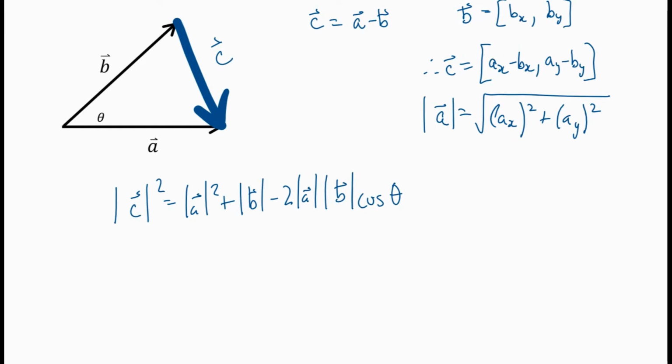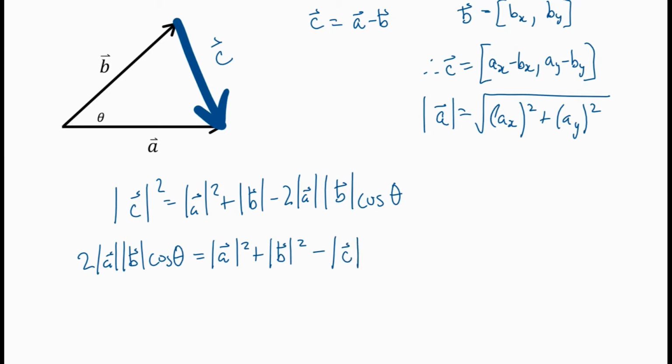Okay, so I'm going to move the negative 2AB to the left side, and it's going to become positive 2AB cos theta. And I'm going to move the magnitude of C squared to the other side. So I've got magnitude of A squared plus magnitude of B squared minus magnitude of C squared. Okay, now I'm going to expand these.